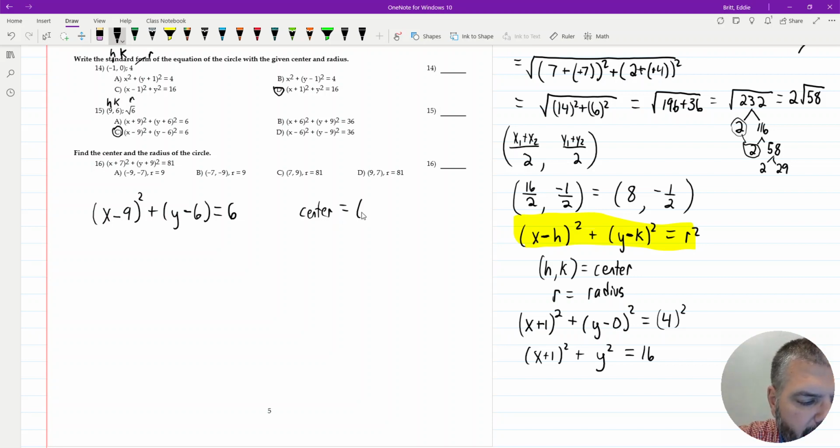So that's going to be, if you have a +7, use -7, that's your H. And then you have a +9, so you have -9 as your K. And then your radius, remember this is r squared. Your radius is r, so take the square root of 81, and you get 9. All right, so that's what we're looking for. -7, -9 with a radius of 9.